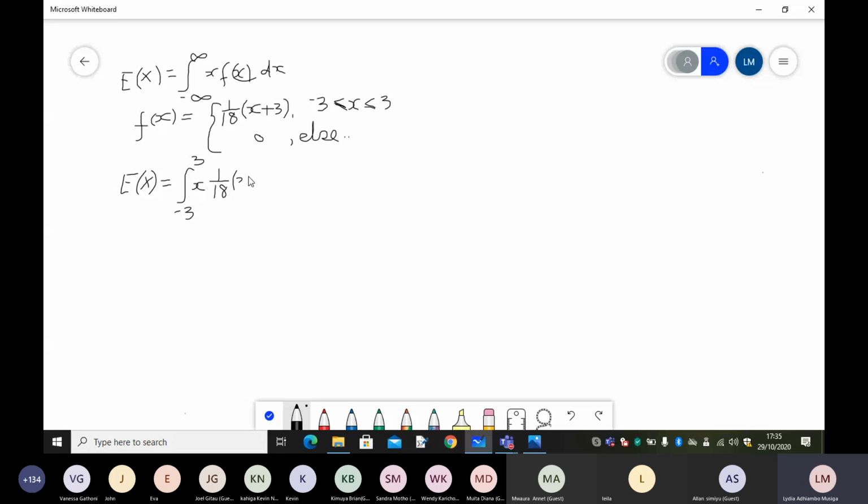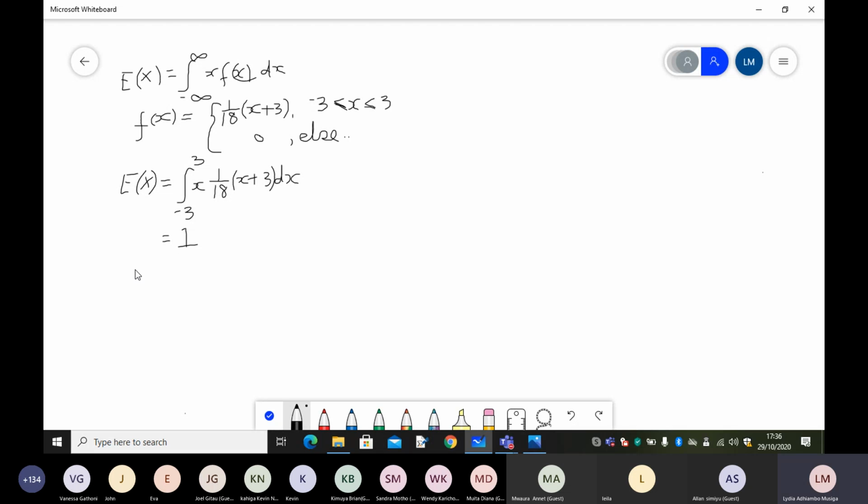So we're just multiplying x by 1 over 18 times x plus 3, dx. After performing the necessary integration, we find that this value is equal to 1.